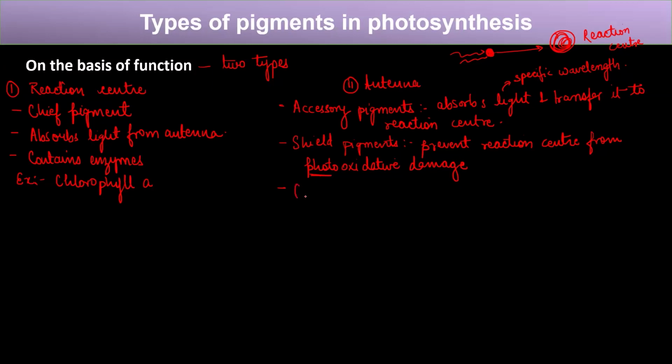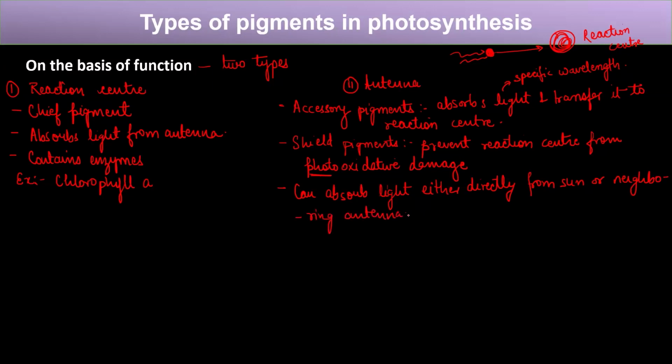These antennas can absorb light either directly from the sun or from neighboring antennas. I'll explain this with an example, but for now, just remember that these antennas can absorb light either directly from the sun or from a neighboring antenna.